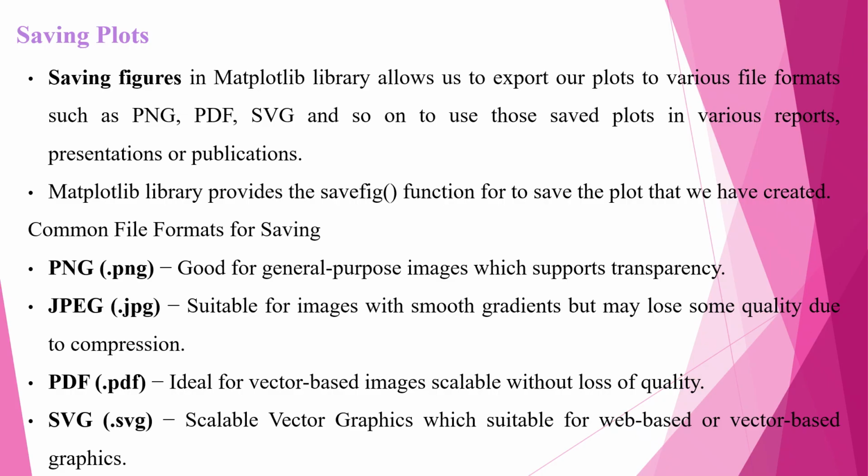For example, PNG is widely used for general images and supports transparency, while JPEG is useful for images with smooth color variations but may lose some quality due to compression. PDF is ideal when we need high quality vector graphics that can be scaled without losing clarity, and SVG is also a vector format commonly used for web and interactive graphics. Choosing the appropriate format depends on how and where the plot will be used.